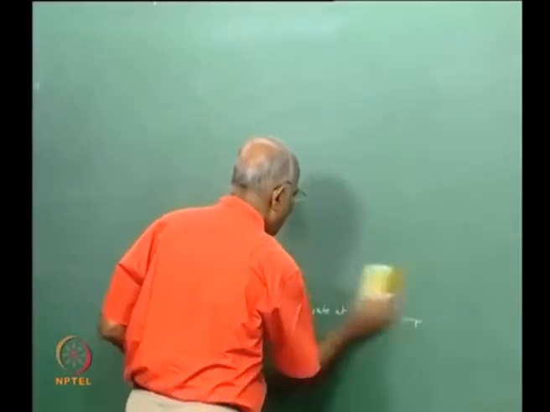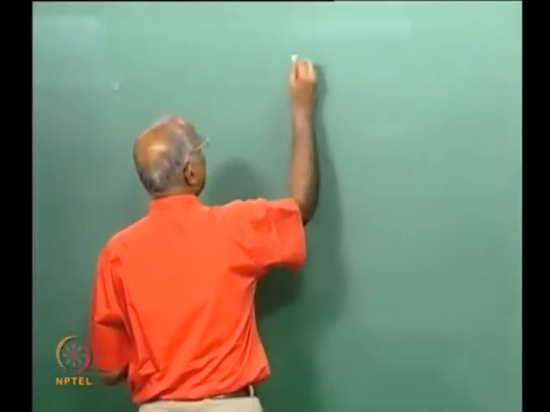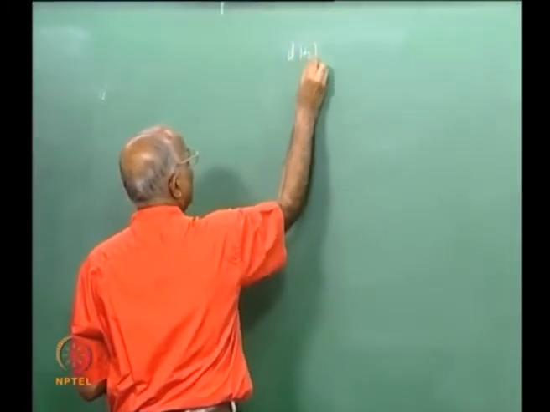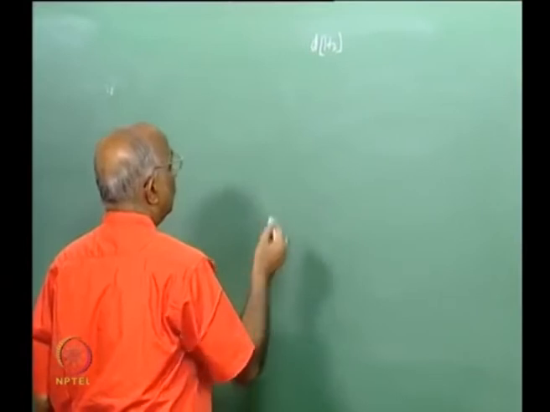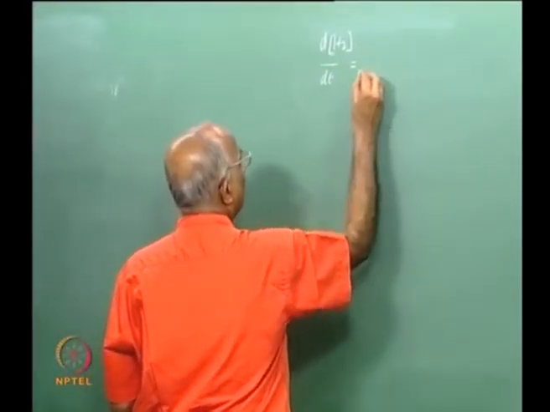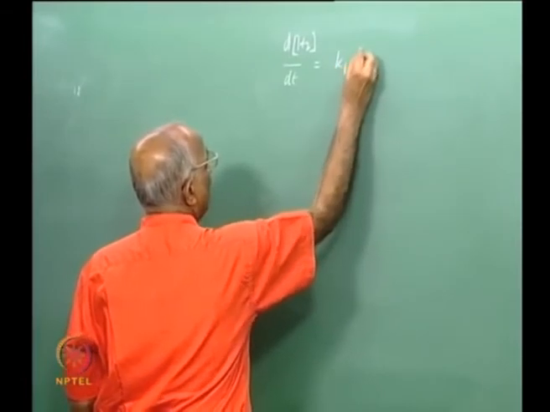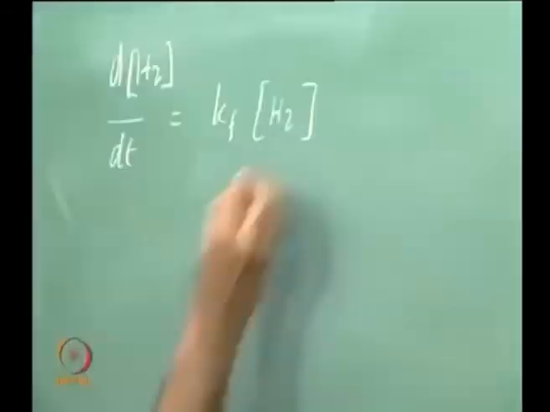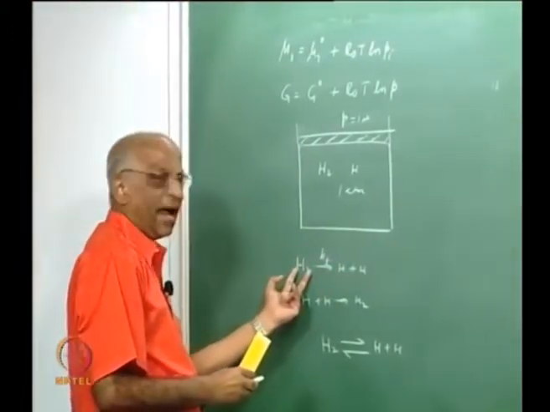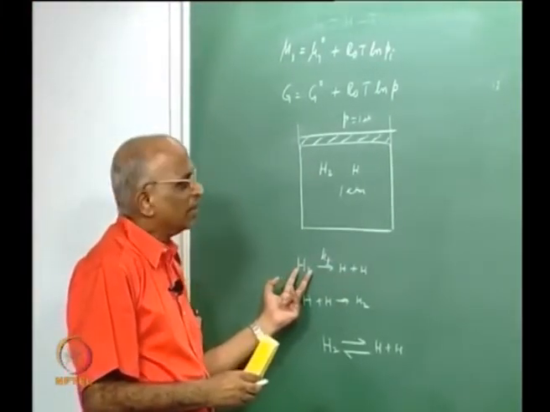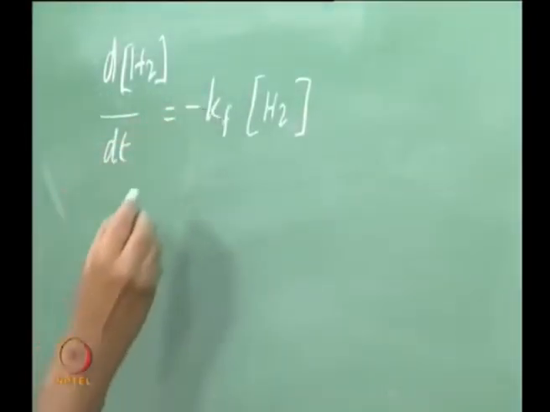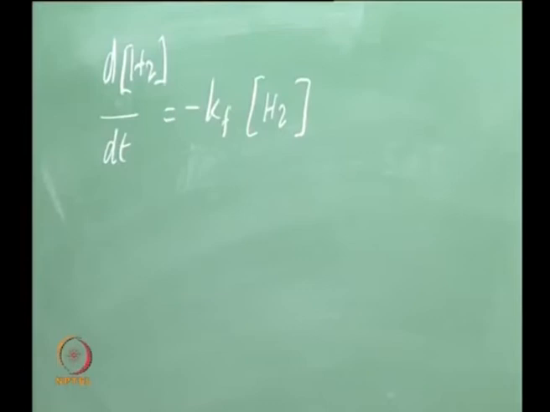The law of mass action says that the rate of a reaction is proportional to the active concentration of the species itself. That means dH2 by dt, since it keeps depleting, is minus kf into H2.